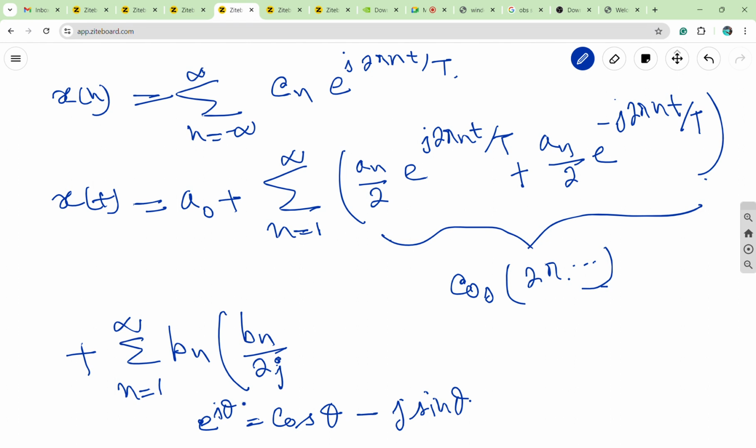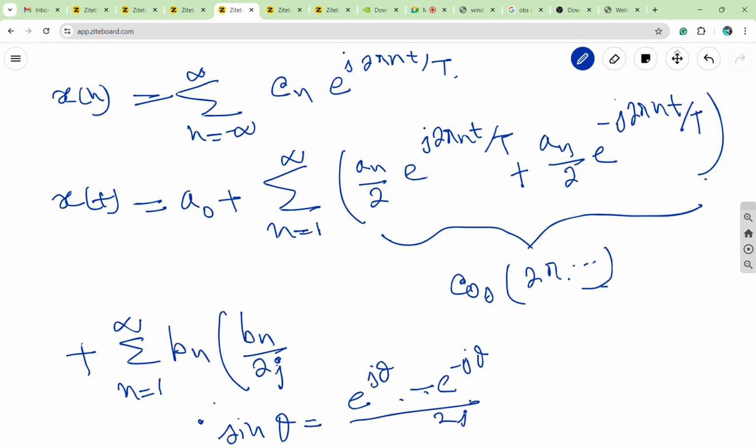Or you can just write it directly. For sin theta, I just give you the example. The sin theta becomes e to the power j theta minus e to the power minus j theta by 2j.